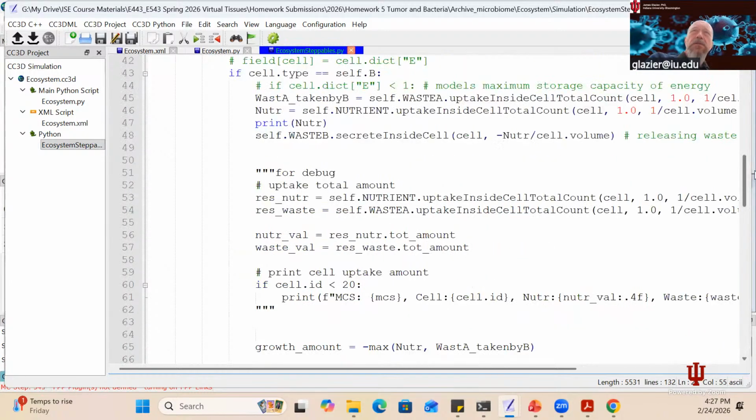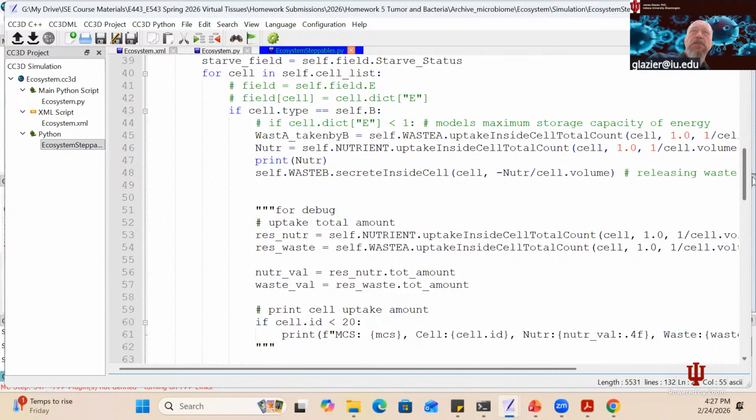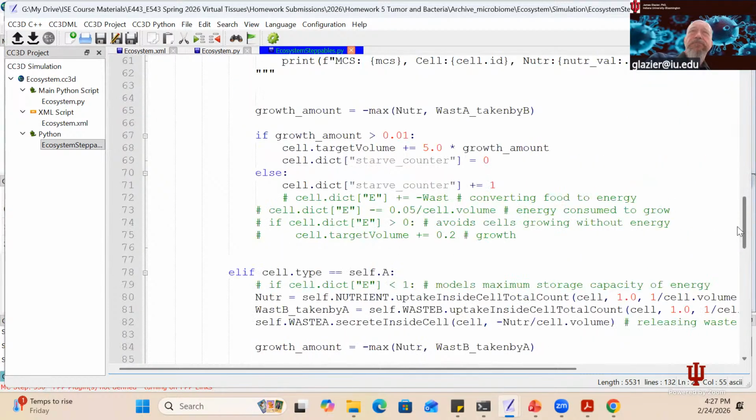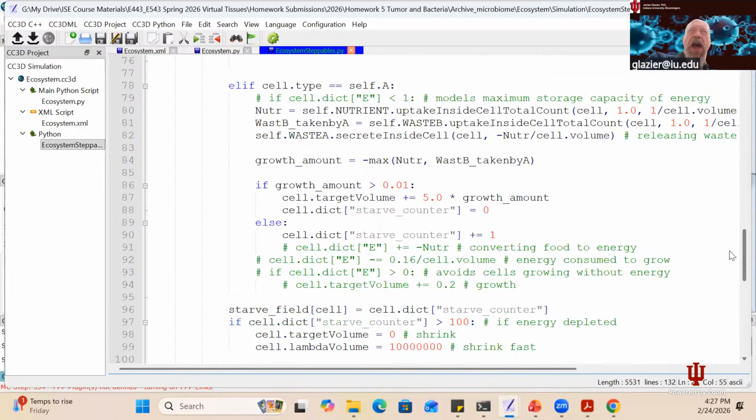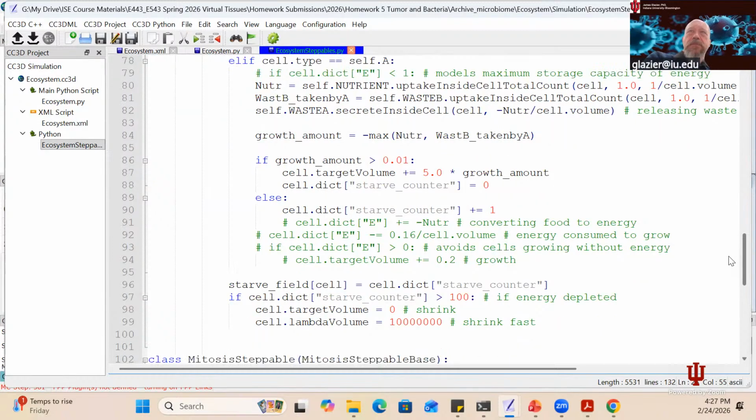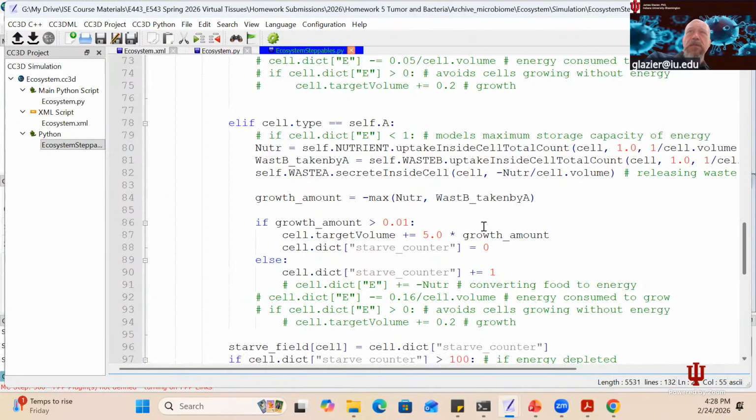And that's true for all cells. And now where do you actually do grow? Oh, it's only for cell type B. Yeah, so for cell A did the same thing, except reverse. Reversing the field types. Yeah. Okay. And so here the target volume is set to the growth amount. So, I mean, this seems pretty reasonable.